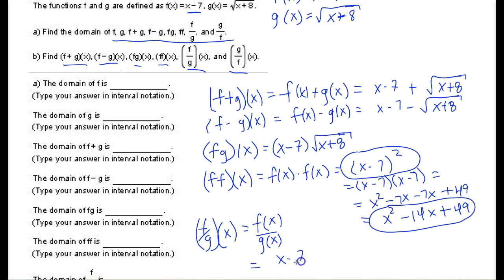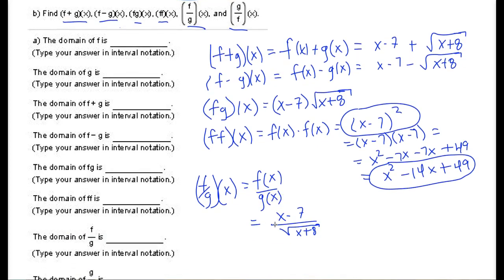So this would be x minus 7 divided by square root of x plus 8. And then of course, lastly, we would have g of f of x, which we would just flip the places of these. And so that will be square root of x plus 8 divided by x minus 7.